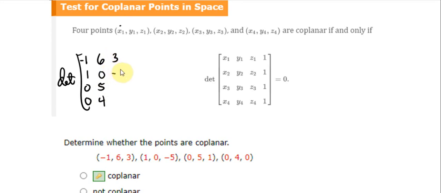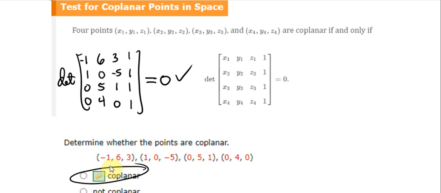This is 3, -5, 1, and 0. 1, 1, 1, and 1. And what we have to do is just work the information out. Whether you work it by hand or on a graphing calculator, you're still doing the work, right? On the graphing calculator, when I plugged this in, I did get 0. So we say that these 4 points are indeed coplanar.